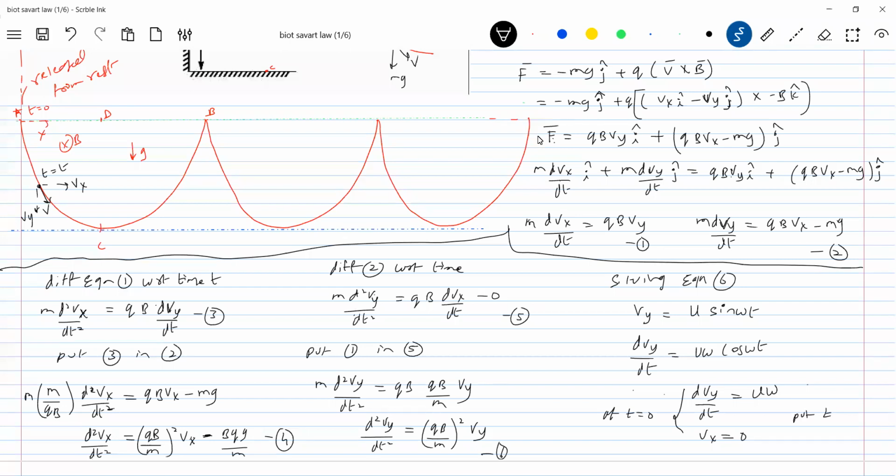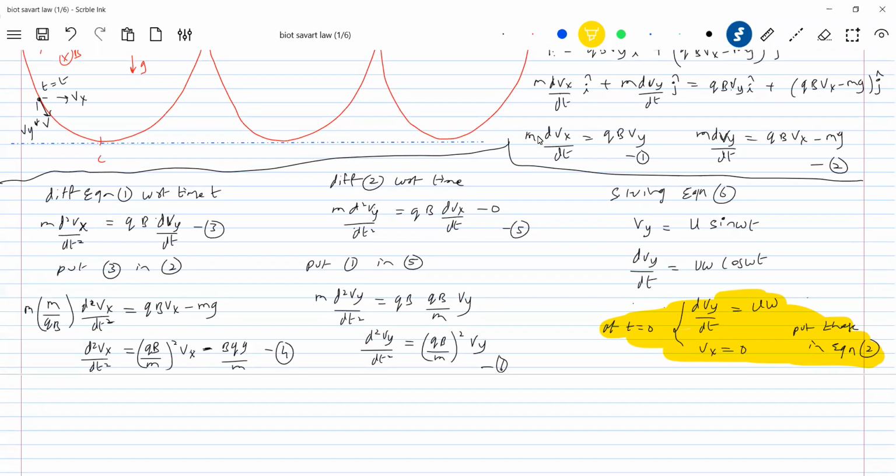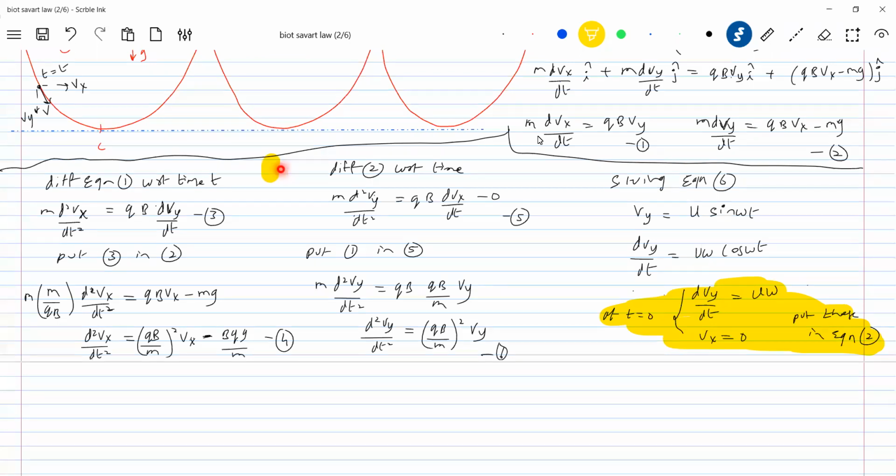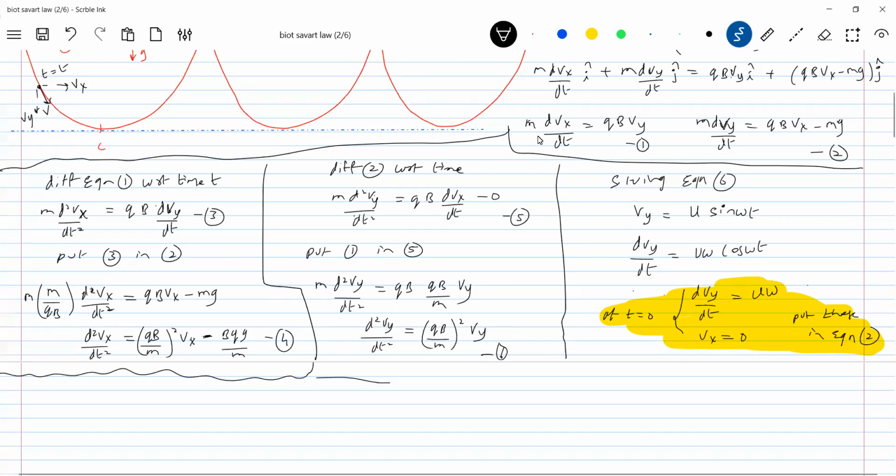Put these in equation 2. So we'll end up with m dv by dt, whose value is u omega, equal to qB times 0 minus mg.